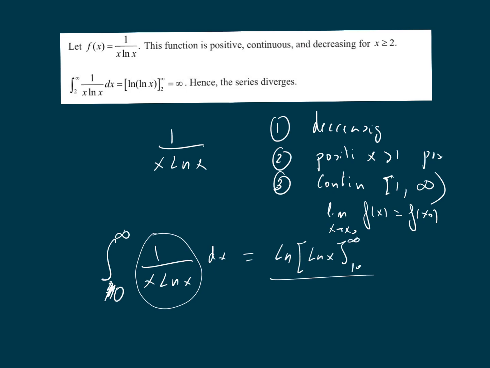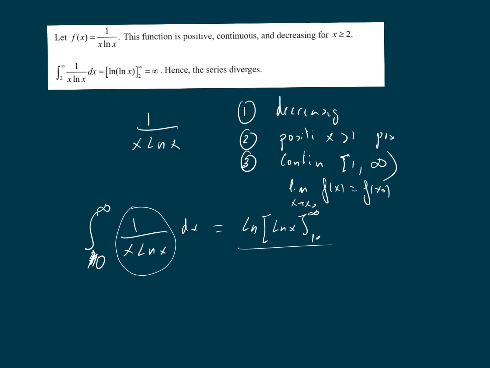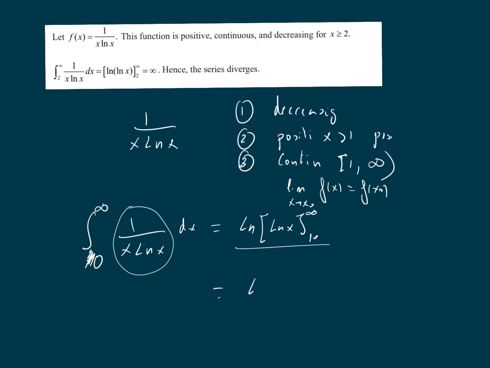It doesn't matter if it's 10 or 2 or whatever. And this is natural log of the natural log of infinity minus natural log of the natural log of e. Maybe we do between e and infinity. Natural log of e is 1, and natural log of 1 is 0. So this would be 0.